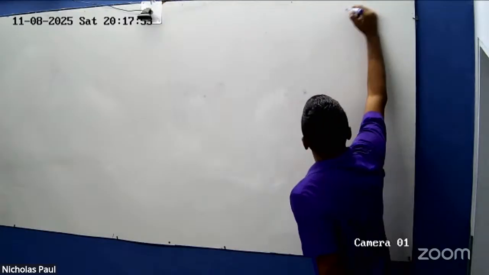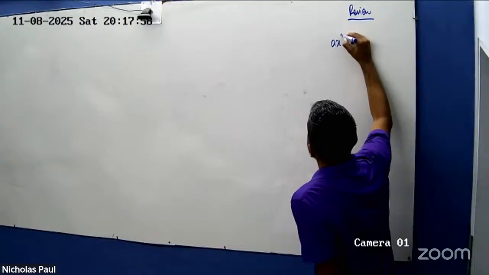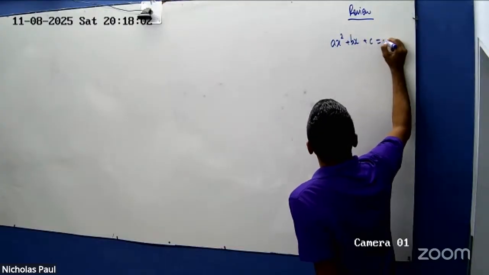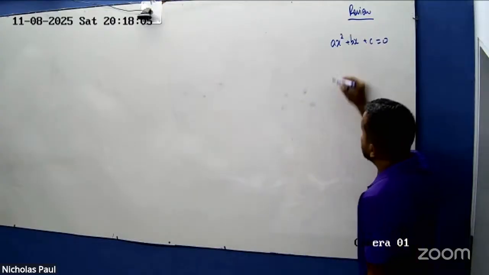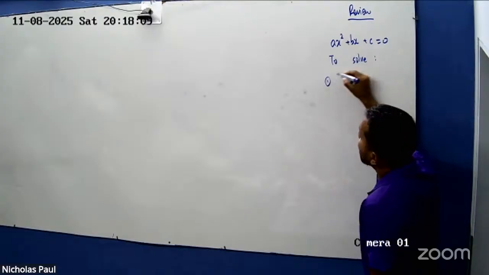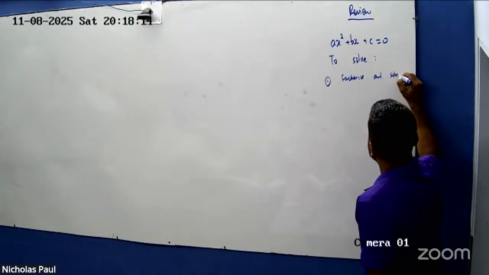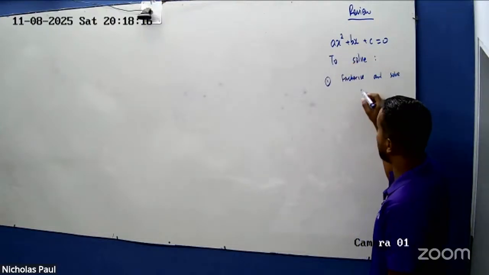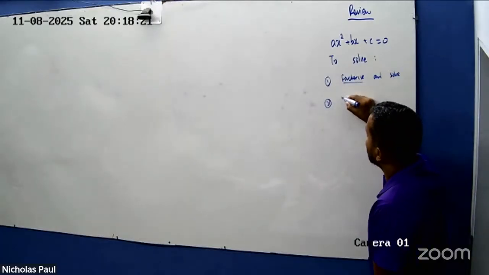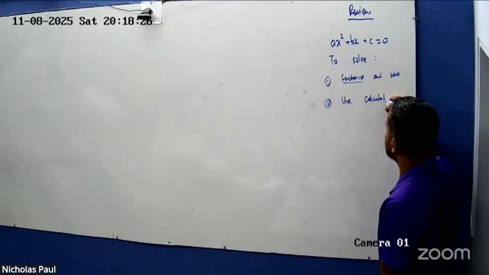Just as a quick review, how do we solve something like ax squared plus bx plus c equal to 0? Number one, we could factorize and solve. Of course, you have to be able to factorize. Number two, the one that you would like to use, you could use a calculator.